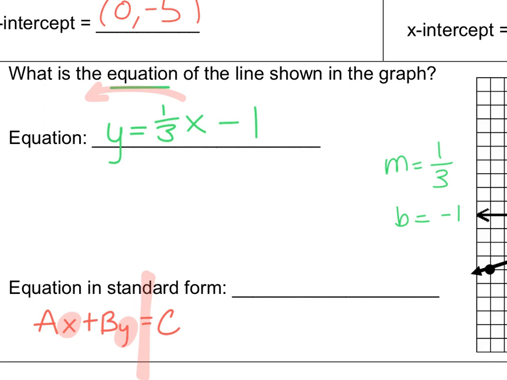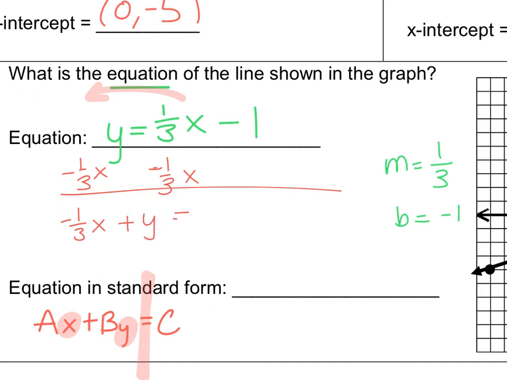So with this one, that means I'm going to do the opposite, but when I'm moving, it's adding and subtracting. So I would subtract 1/3 x from both sides. So I'd have -1/3 x plus y equals -1, and that's a 1y.